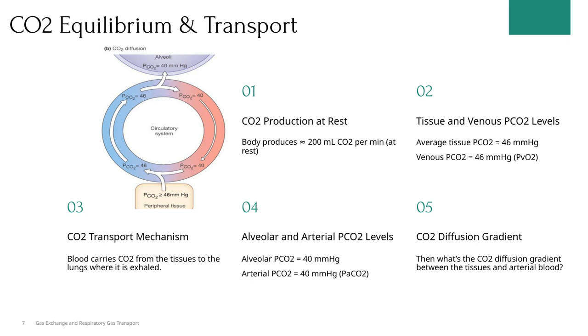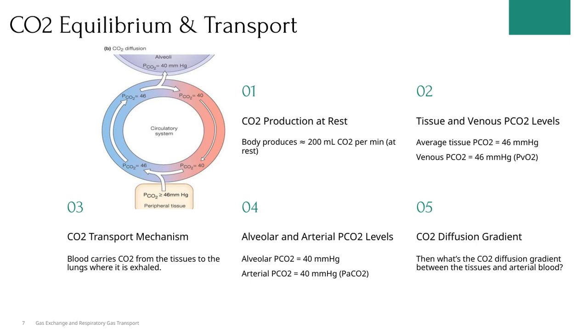The average tissue PCO2, however, is a bit higher, around 46 mmHg, reflecting the CO2 produced by cellular metabolism. Similarly, venous PCO2, measured as PvCO2, is also approximately 46 mmHg, showing that the blood returning to the lungs still holds a significant amount of CO2.